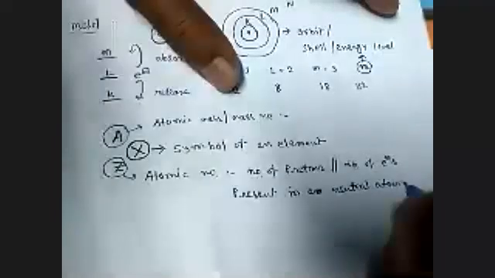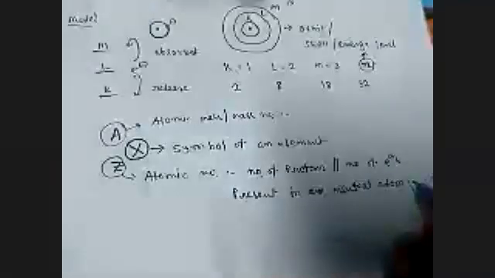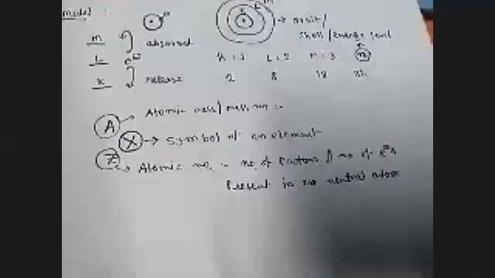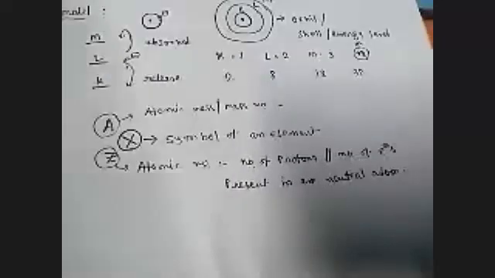Mandatorily, you say neutral atom. We can say atomic number is the number of protons, or the number of electrons present in a neutral atom.